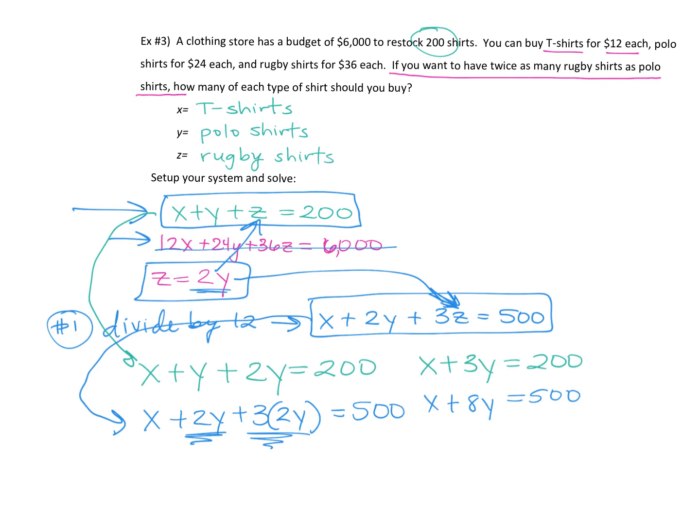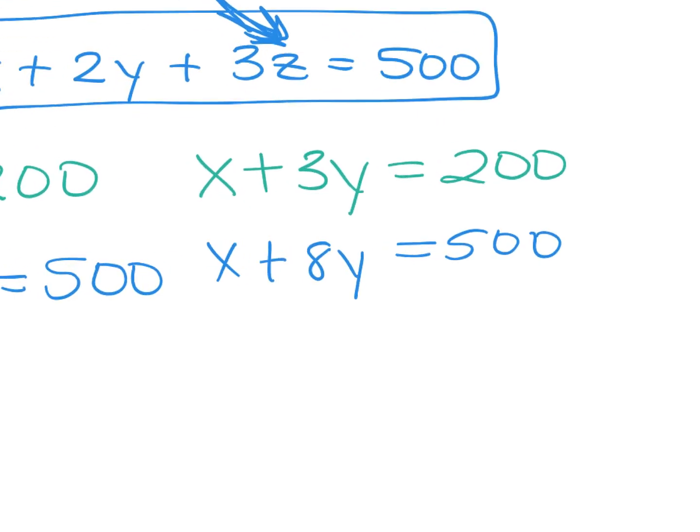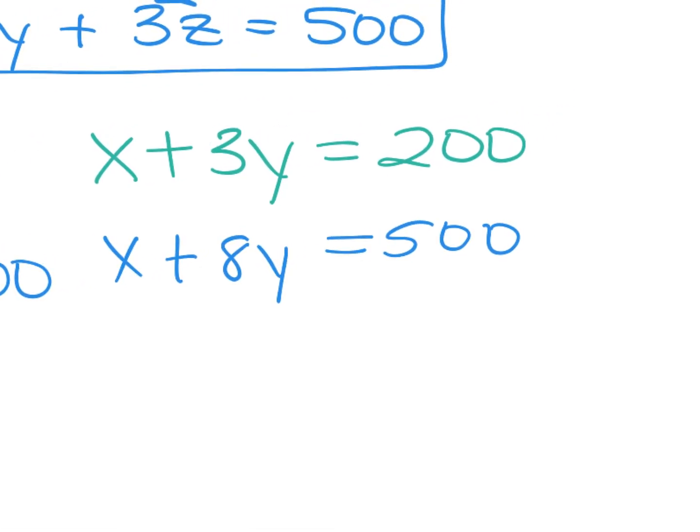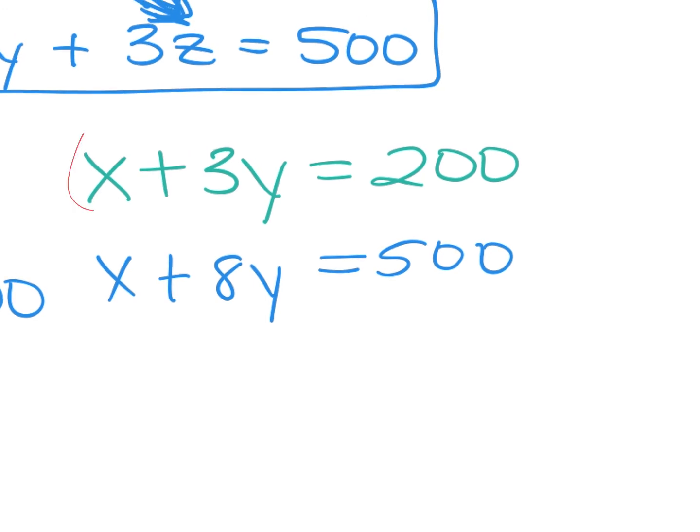You with me? What can we do from here? Just look at these two equations. You can eliminate your X's. If you want to multiply by a negative 1 just to make them opposites, you would get negative X minus 3Y equals negative 200.